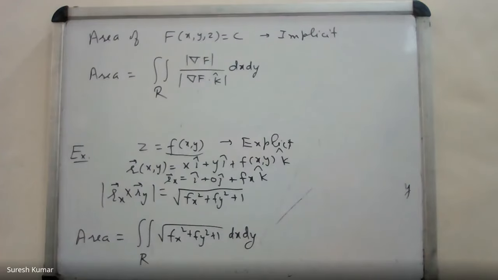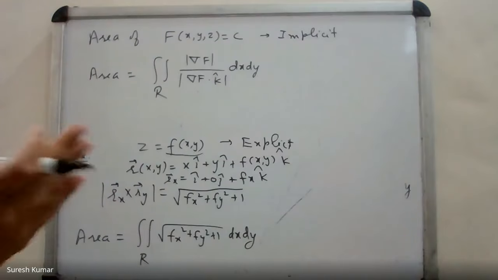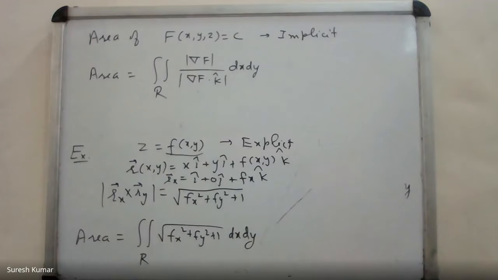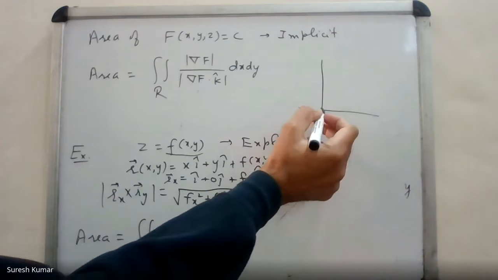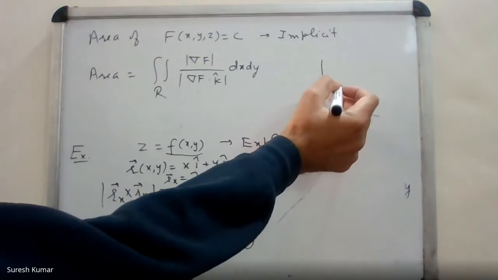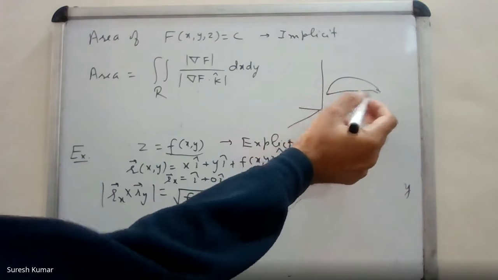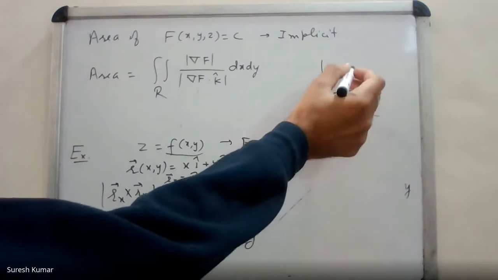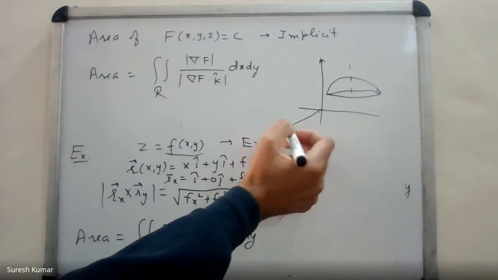Now it's important to understand what this R is. If you are able to project the surface on the xy plane, when you project the surface on the xy plane, it should not fold over itself. For example, if a surface is given like this, say something like a hemisphere, you can project it on the xy plane.